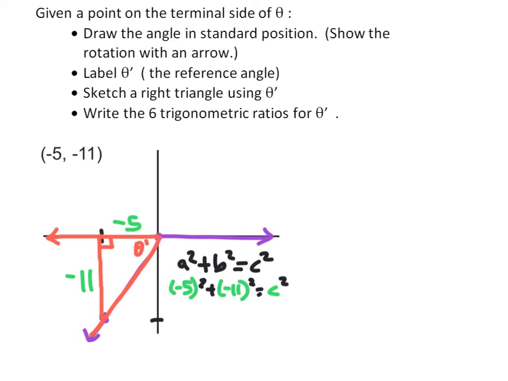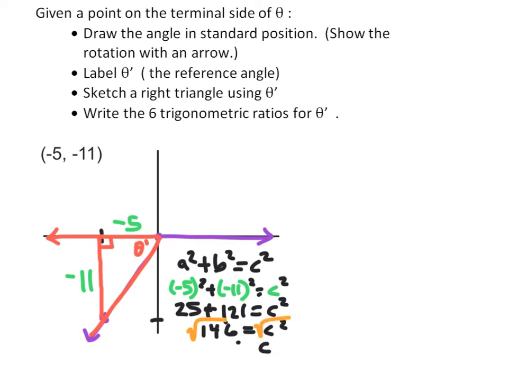-5 squared. Remember, a number squared is always a positive, so make sure you never forget your parentheses if you're using your calculator for this. -5 squared is 25, plus -11 squared is 121, and that equals c squared. They add up to 146, and then we're going to square root both sides.